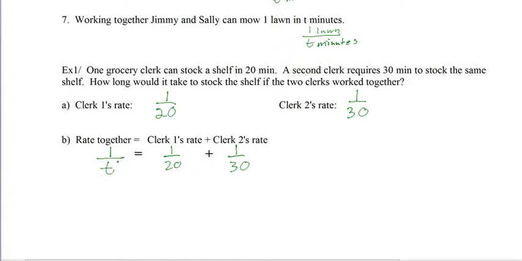It's that one. Just like here, working together, Jimmy and Sally can mow one lawn in T minutes. So that means they can stock one shelf in T minutes. And that gives us this rate.